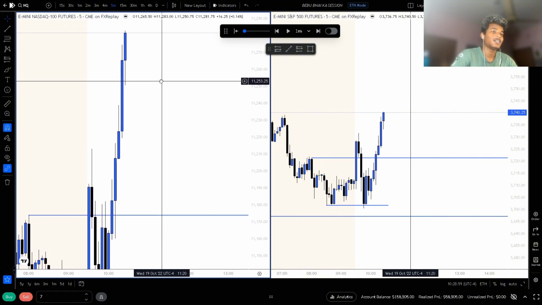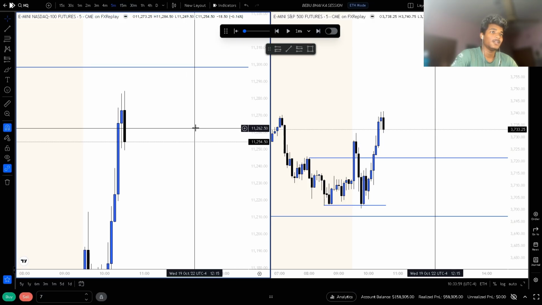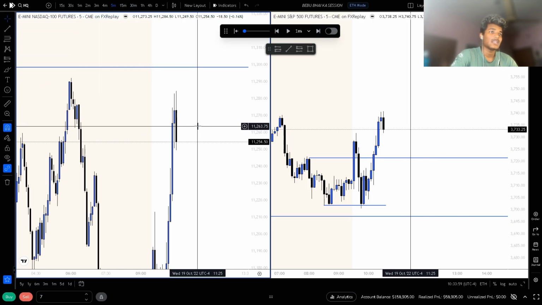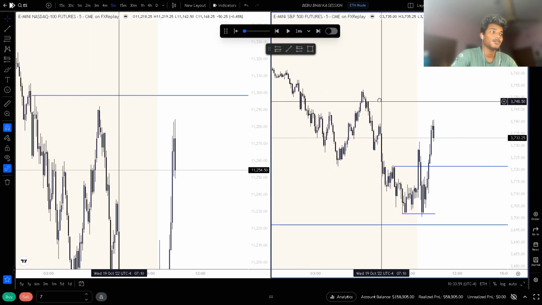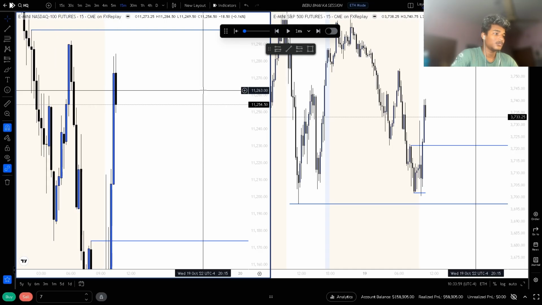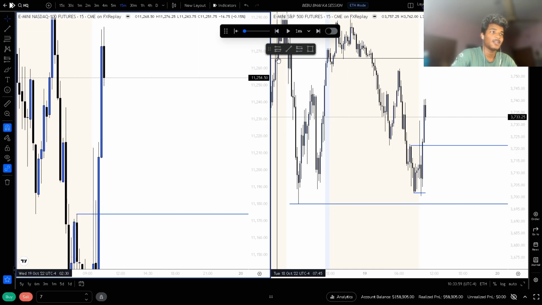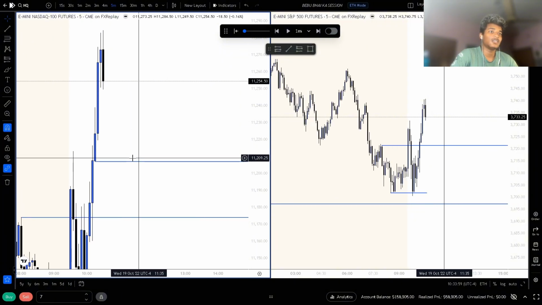We did not retrace in any of the gaps. Now we retraced, and we are very close to this 4 hour unmitigated gap, and there is a 15 minute gap here also. So I will not take any longs until this gets taken.